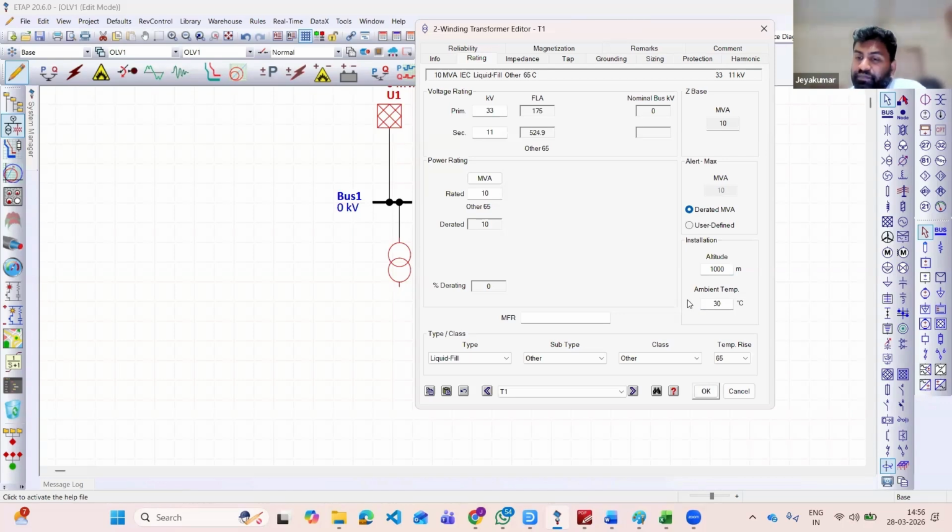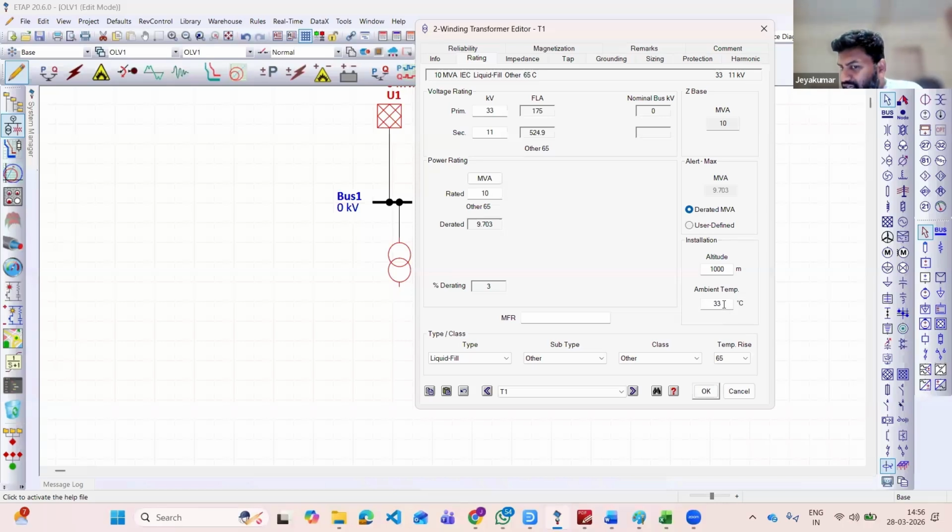What I am trying to say is that ETAP takes 30 degrees as the base temperature. So beyond that, when you keep increasing it, it will keep derating. Every 1% of increase.